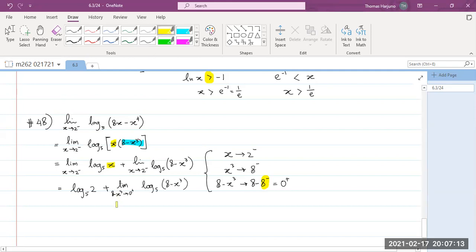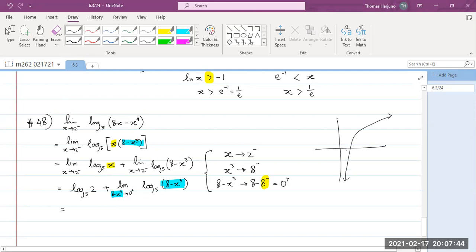Once this is the same as this, you can use a dummy variable or simply replace that expression by 0 positive. But what is log base 5 of 0 positive? Log base 5 looks like this.